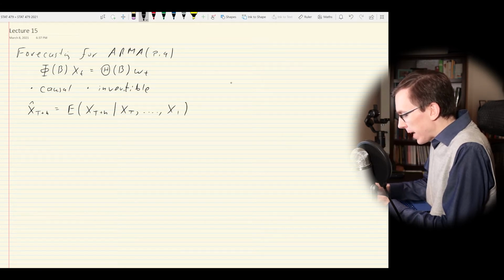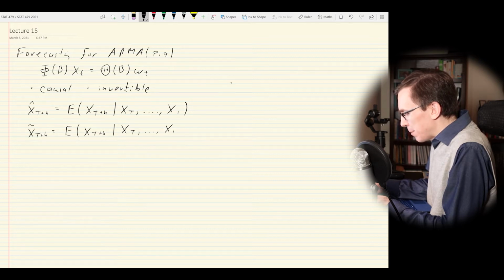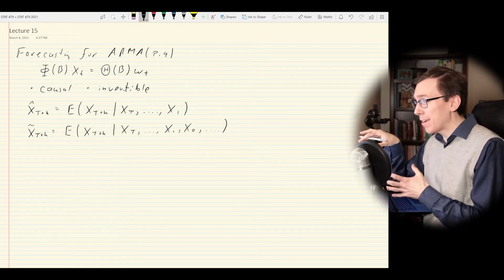And then we also had this notation of x tilde_{T+h}, which is going to be the expected value of x_{T+h} given the data and all the hypothetical data that would extend into the infinite past. Again, physically we don't have that.